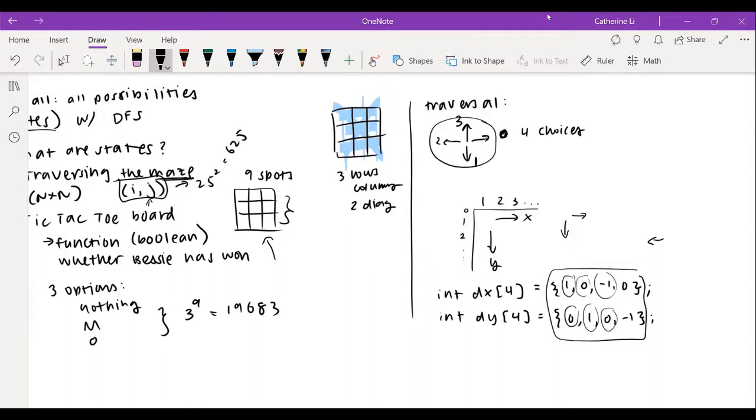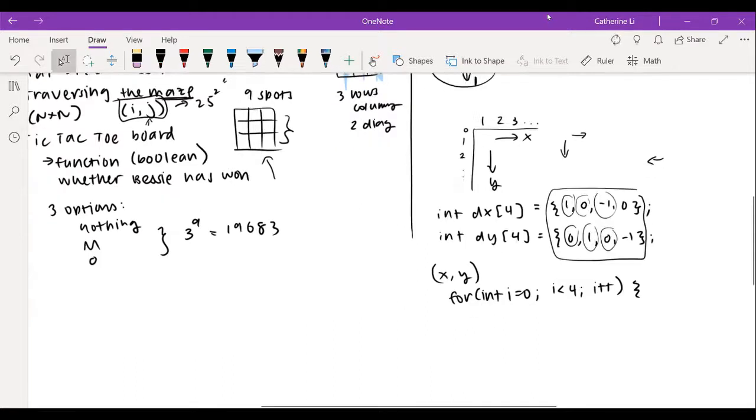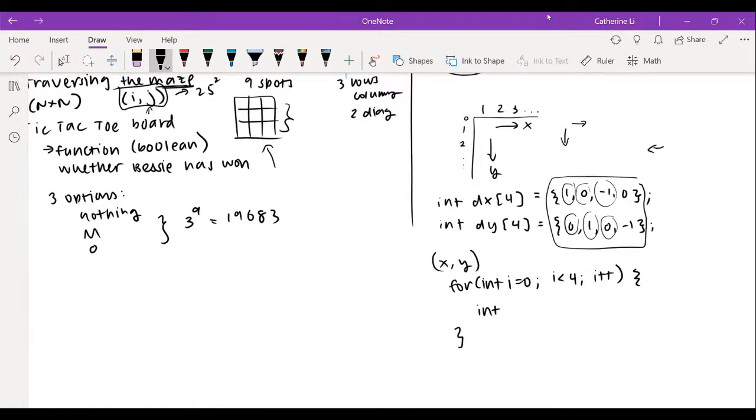If we're at some position x, y currently, then we can just loop through the 4 different indices, and the new x is going to be our old x plus the difference in x, and the new y is our current y plus the difference in y. Then you can do DFS on the new x, the new y, and the tic-tac-toe board.